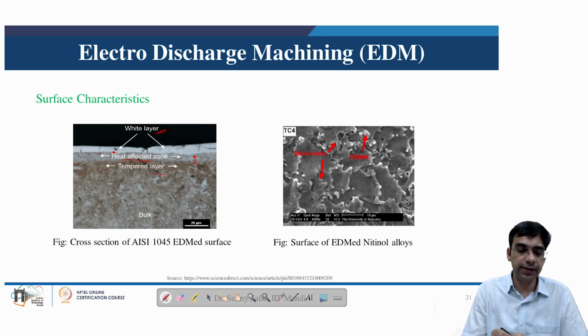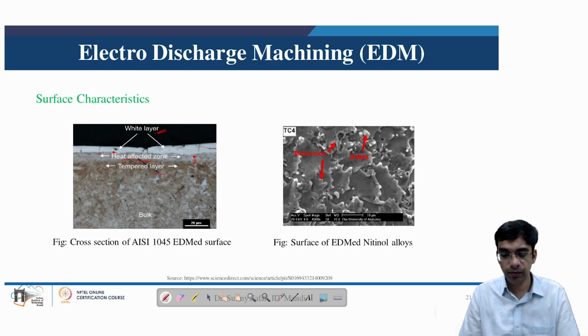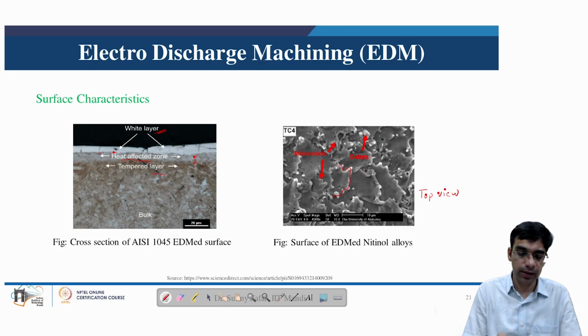The presence of this recast layer from the top is visualized by presence of this debris and micro cracks, and these formations are because of the interaction of the sparks at various locations, because of which the melting takes place. So this is basically the top view, and here is a cross-sectional view of the material.